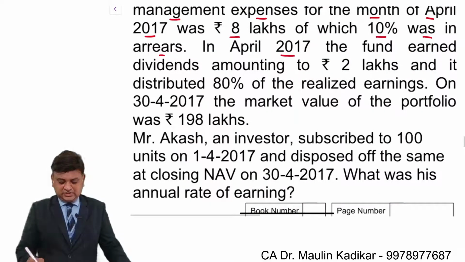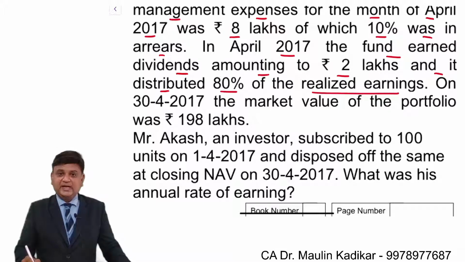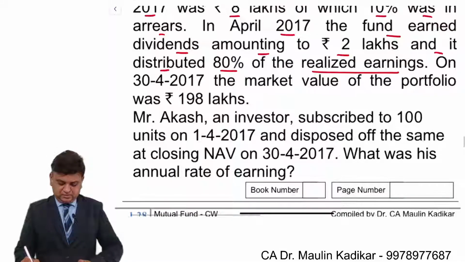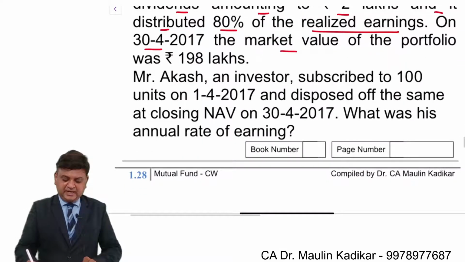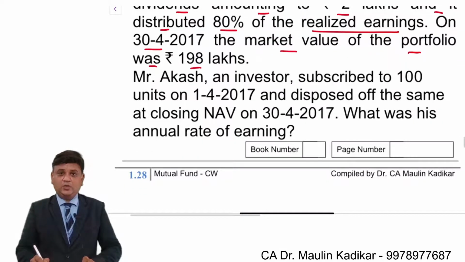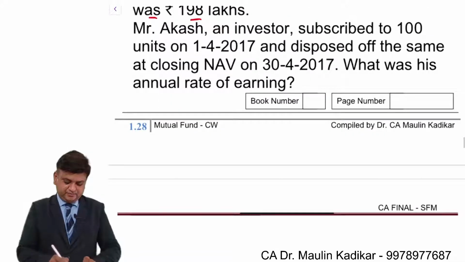In April 2017, the fund earned dividend amounting to 2 lakhs and it distributed 80% of realized earnings. On 30th of April 2017, the market value of the portfolio was 198 lakhs.